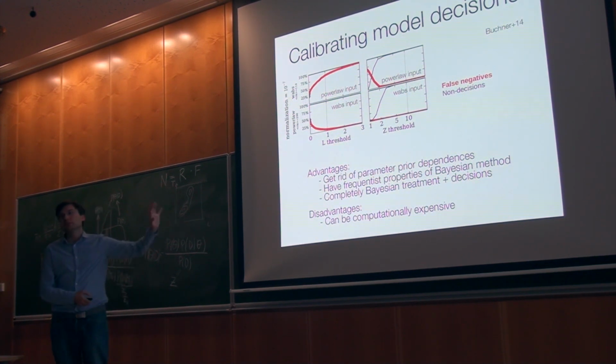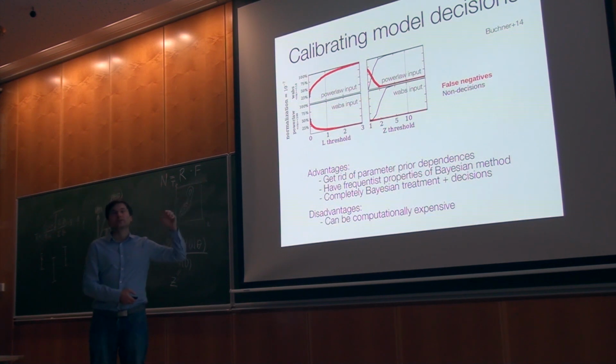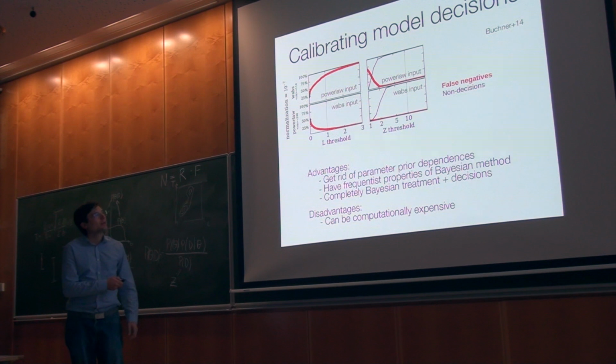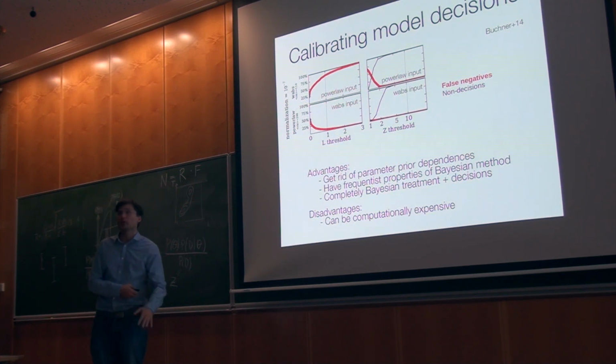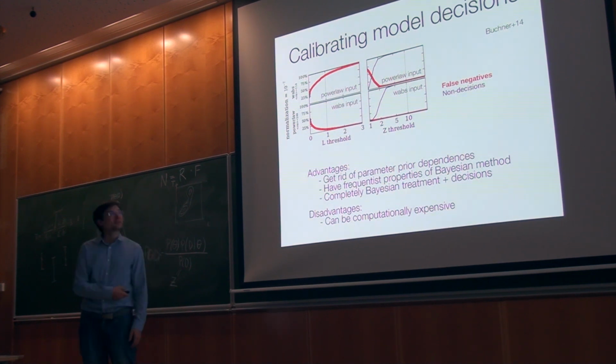So the advantage of calibrating model decisions, calibrating your Bayes factor thresholds this way, is that, first of all, you get rid of some prior dependencies, like model priors, but also parameter priors. And you have then frequentist properties of the Bayesian methods. That's kind of interesting.